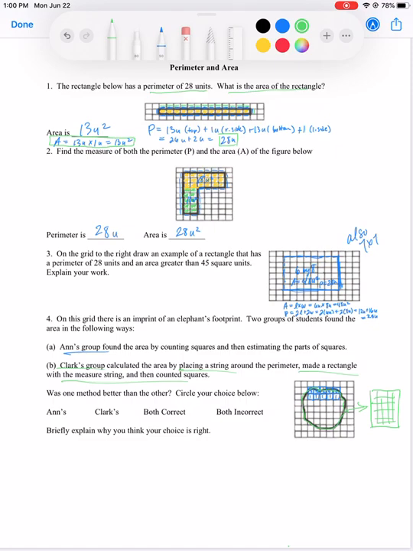Okay, now that we've thought about that one, which team are you on? Are you on Ann's team or Clark's team? Well, what we needed to notice is that Ann's team is probably better than the other. You can either say Ann or both incorrect, because Ann has to estimate and Clark's is actually going to be way off.